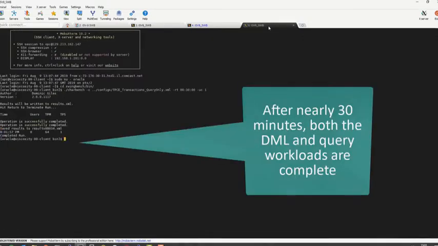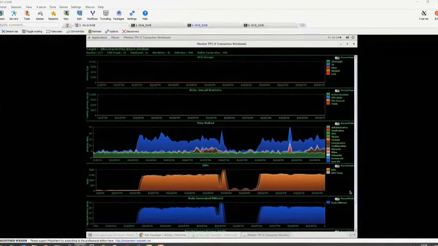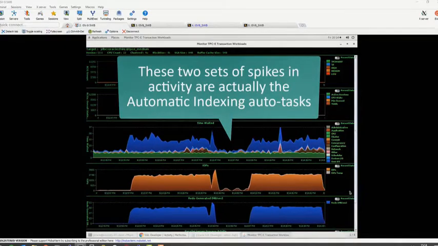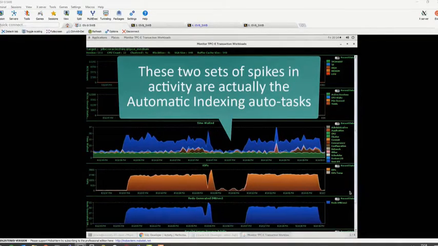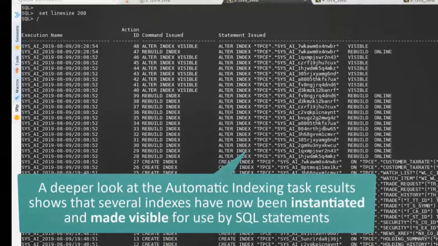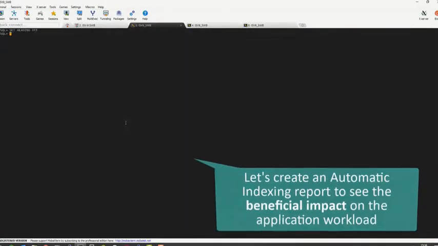After 30 minutes, both the DML and the query workloads complete. And now, what are these spikes? Well, they're actually automatic indexing going back in and determining which indices are most valuable. At the end of the second run, again, only another 20 minutes later, automatic indexing decided that these indices were valuable.